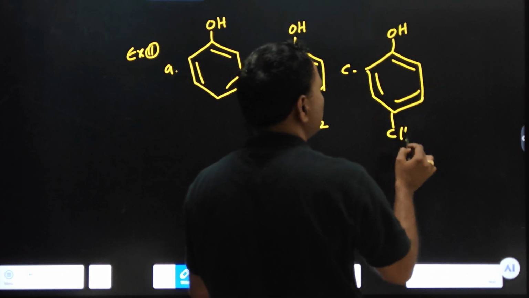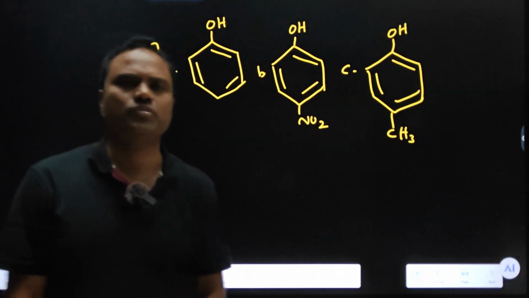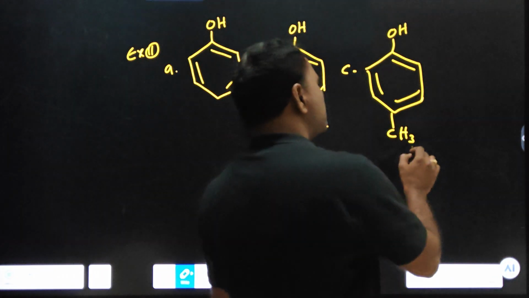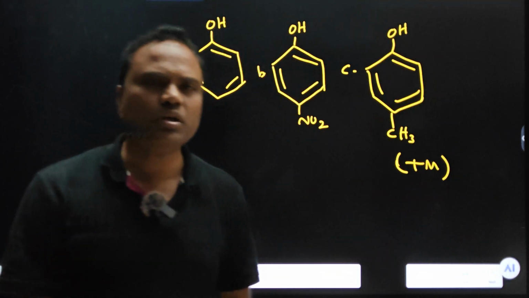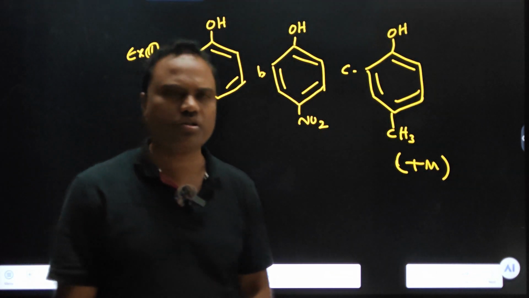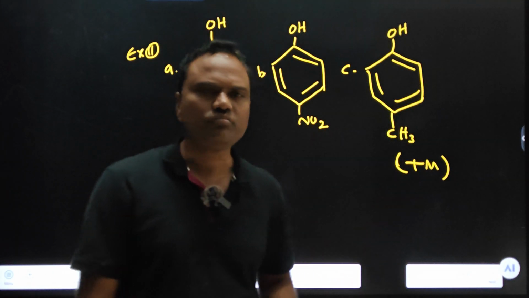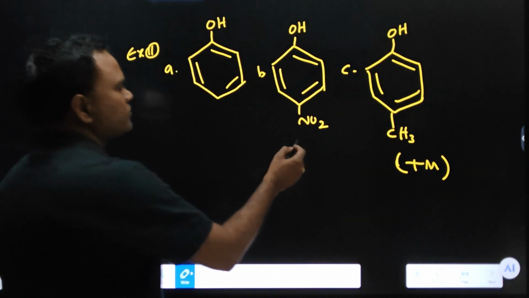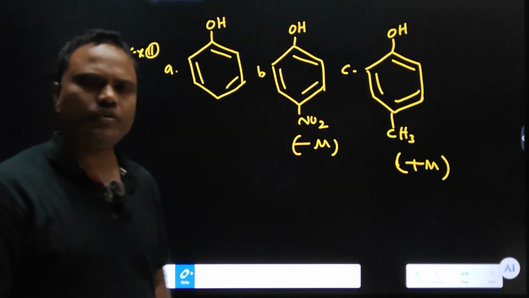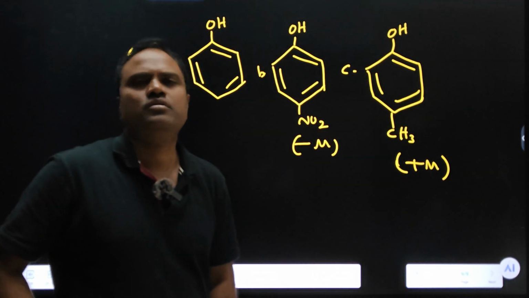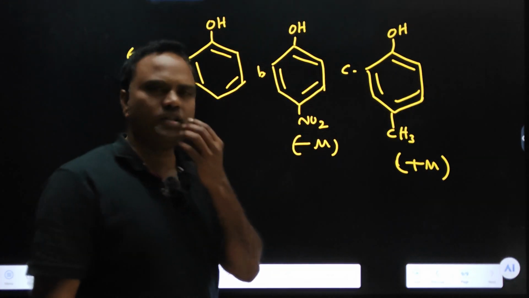Phenol with some plus H, hyperconjugation, donation, or you can consider it as a plus M. Actually we have to consider it as a plus H, but we didn't start hyperconjugation. Let us consider it as a plus M, no problem. What is NO2? It is a minus M. This is neutral. We know the statement: minus M groups increase acidic nature. This is minus M, right?